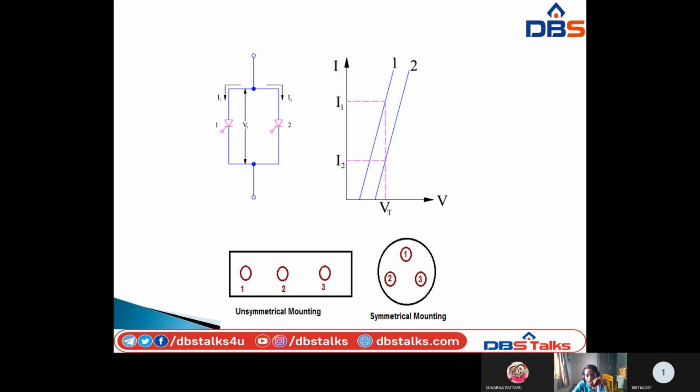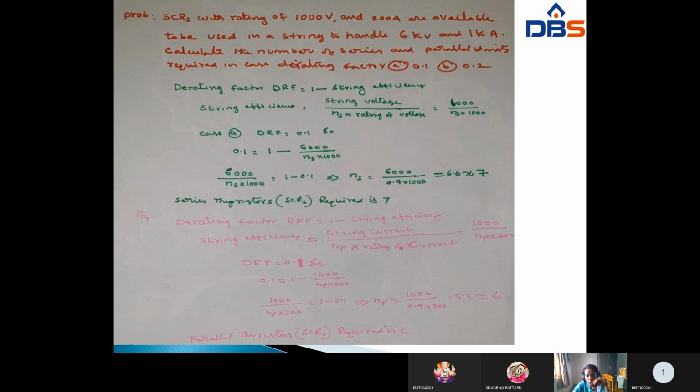For unsymmetrical mounting, the holes and electrons will be located in this manner. For symmetrical mounting, the holes and electrons are mounted in this manner.